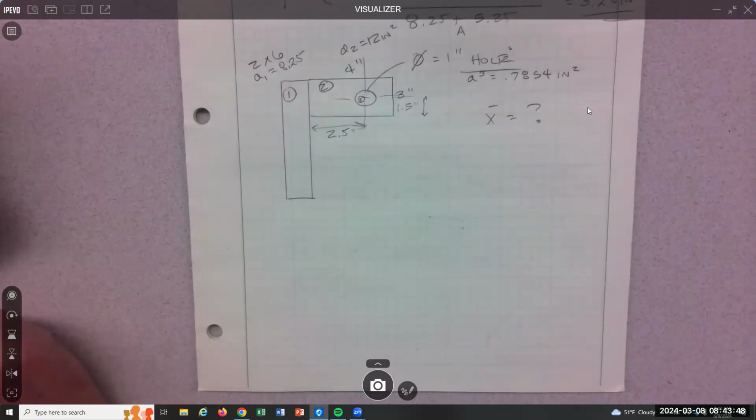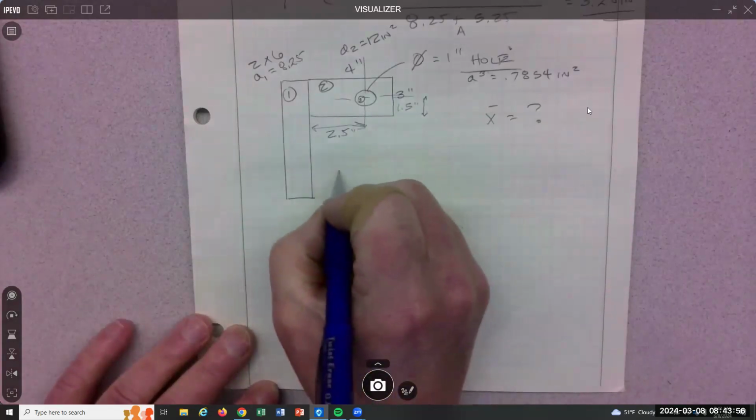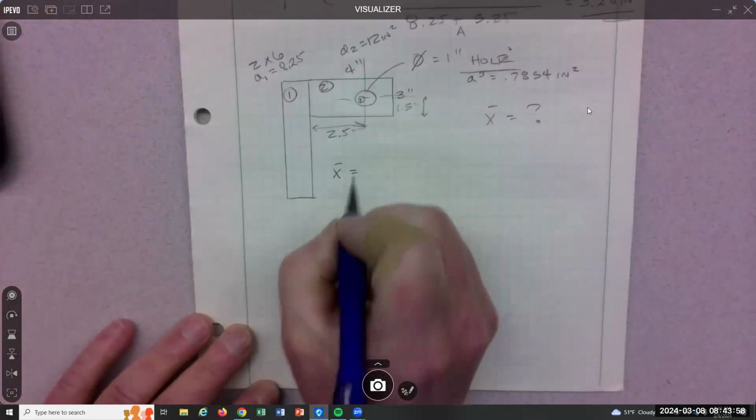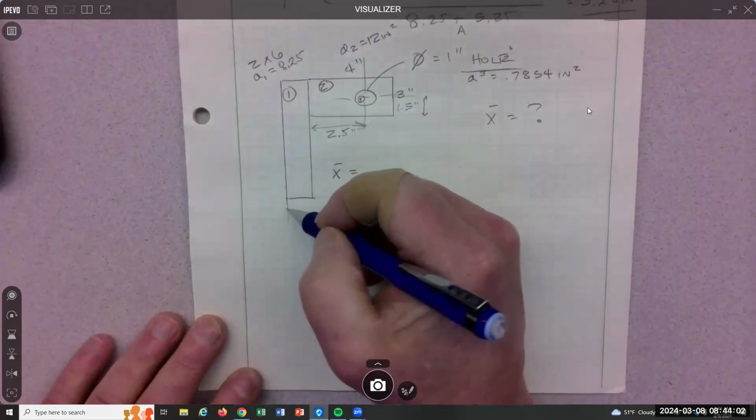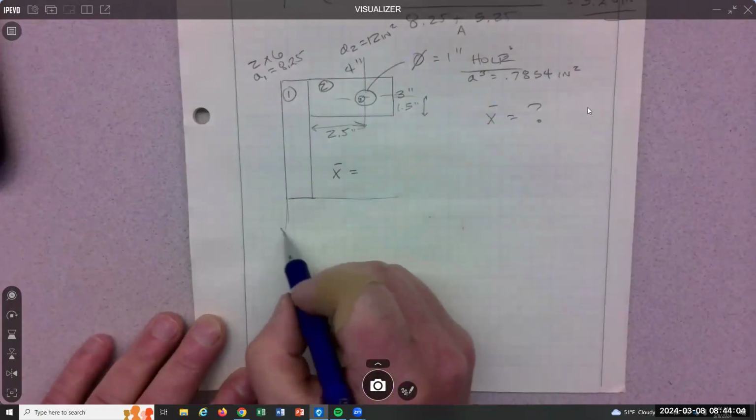All right. Go for X bar. Gonna pull it all from here. So this is gonna be my y-axis, this will be my x-axis.